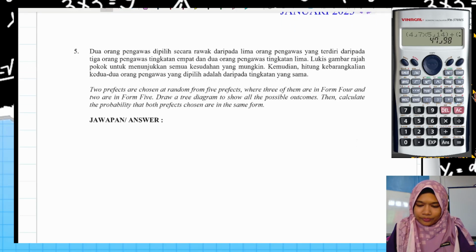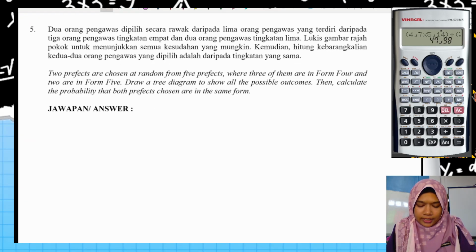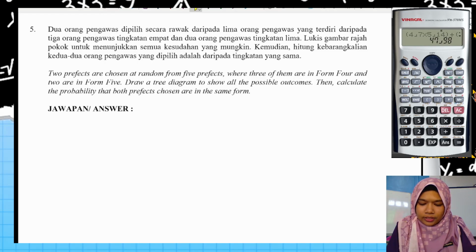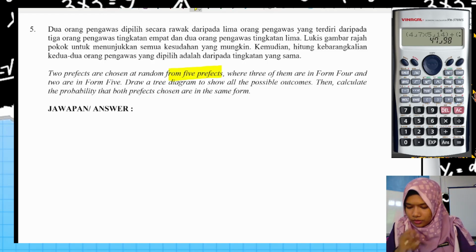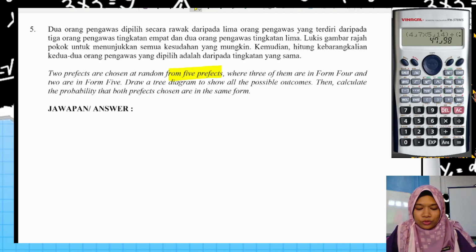Alright? Question number 5. 2 prefects are chosen at random from 5 prefects. Cikgu pun baca silap dah. There are 5 prefects.